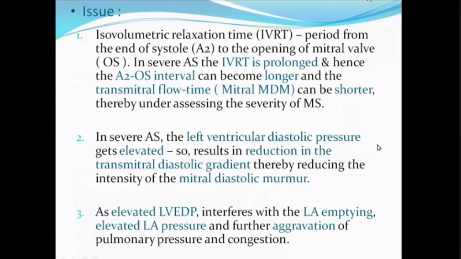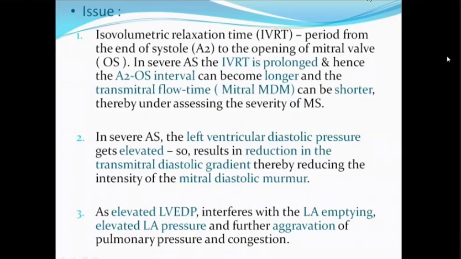The first issue because of that is the isovolumetric relaxation time. The isovolumetric relaxation time is the period from the end of systole, which represents A2, to the opening of the mitral valve, which is represented by the OS in mitral stenosis. In severe aortic stenosis, the IVRT is prolonged, and hence the A2-OS interval can become longer, and the transmitral flow time, which is represented by the mitral mid-diastolic murmur, can be shorter.